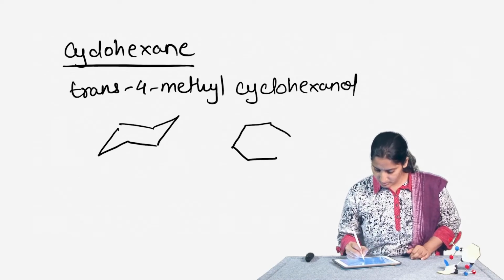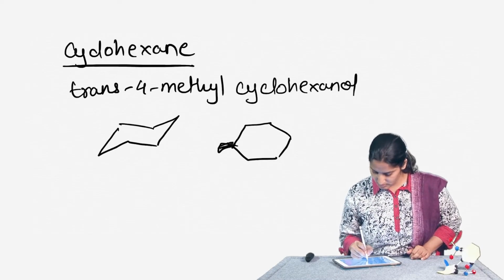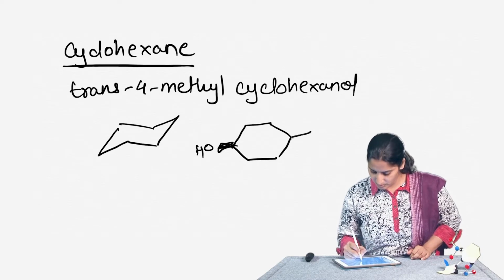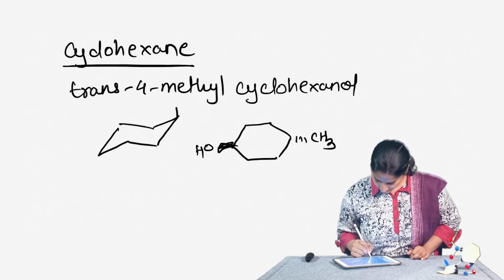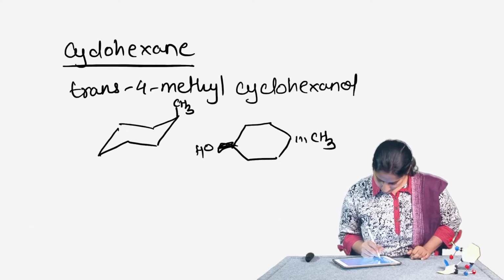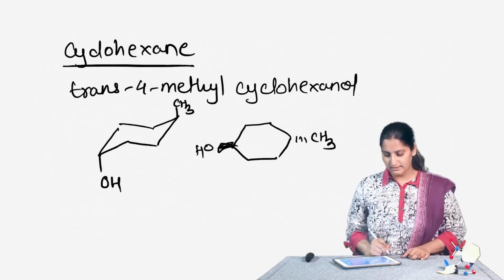So, let me draw both the things so that you can see that this is an OH, and since it is trans, you have one group coming towards you, one group going away from you, right.